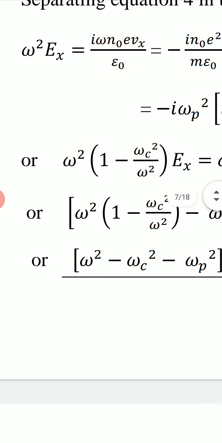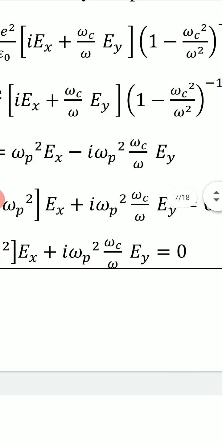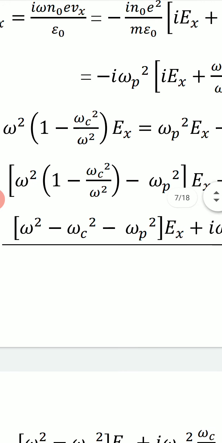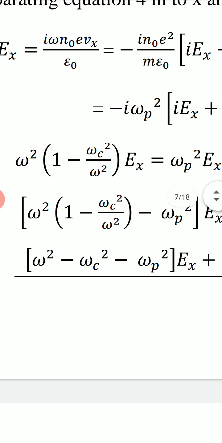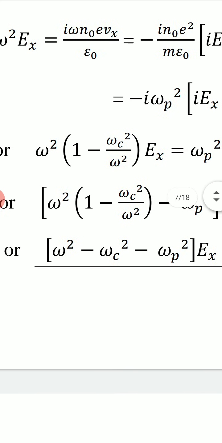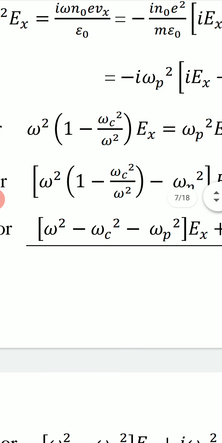Now on the left hand side we have omega square Ex. On the right hand side we have a term of Ex. So put the two terms of Ex together to the left hand side and take Ex common.